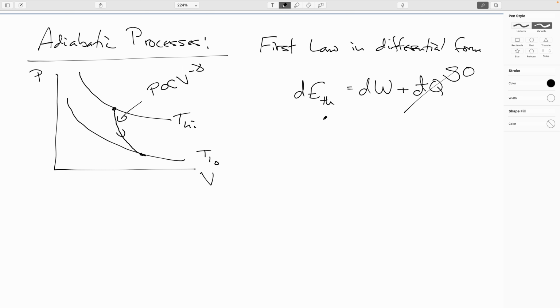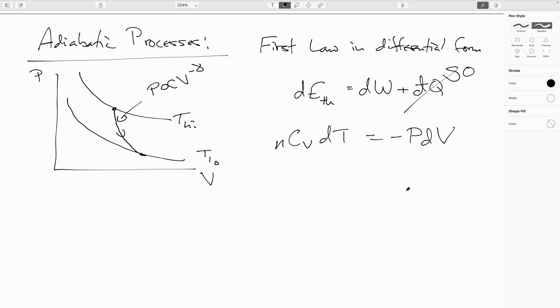All right. So since E thermal is nCvT, this will be nCv dT. And since W was equal to minus P delta V, that's just going to turn into minus P dV. All right.